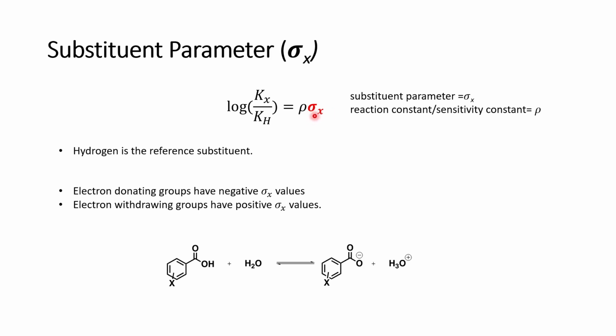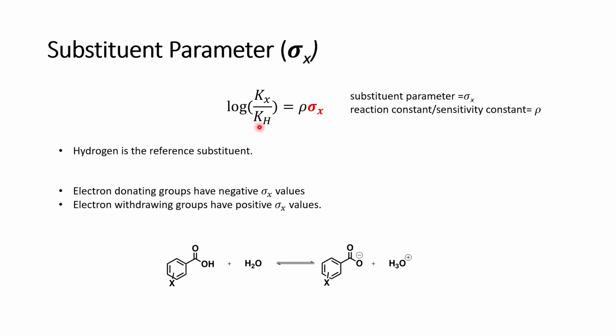So this substituent parameter basically depends on the position of the substituent, whether it's in meta position or para position. So what they have basically done is they compared the reaction rate. They compared all the acidity equilibrium constants for the substituted benzoic acid to the equilibrium constant for the benzoic acid itself.